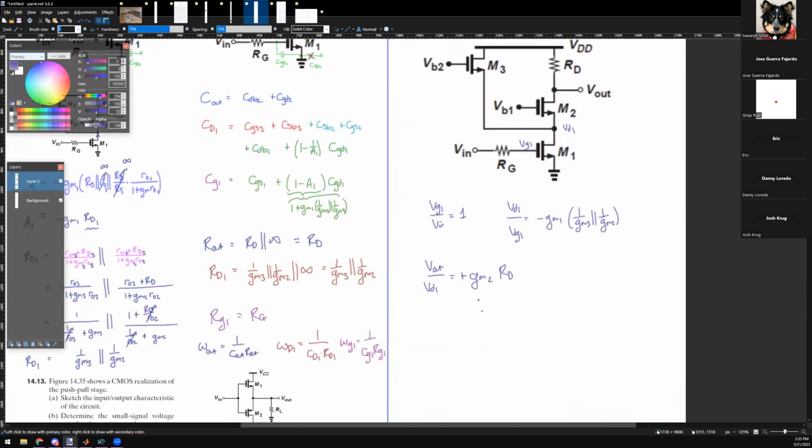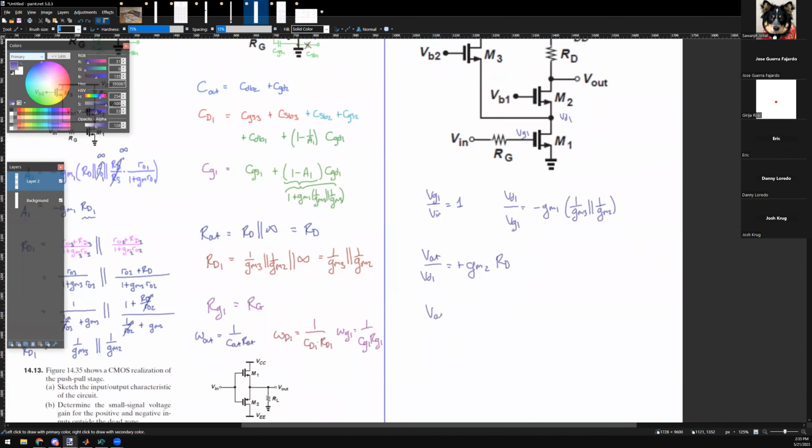And then the total gain from V out from V in is, algebraically, V G1 over V in, which is one transfer function, times VD1 over VG1, times V out over VD1. And the nice thing about transfer functions is that all these terms effectively cancel, and I get V out over V in trivially.